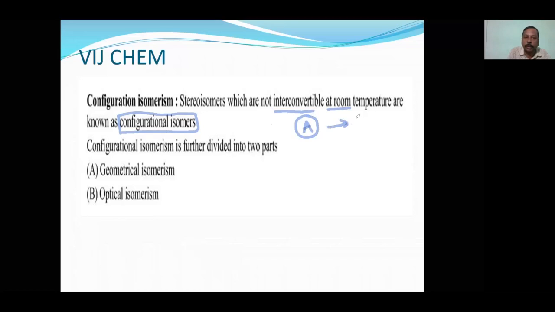We cannot convert it into another isomer B. So they are called configurational isomers. They are further divided into geometrical isomerism and optical isomerism. Now let's go to the next chart.